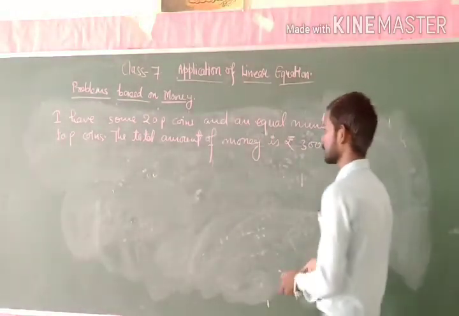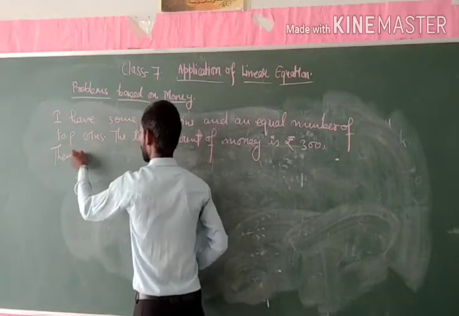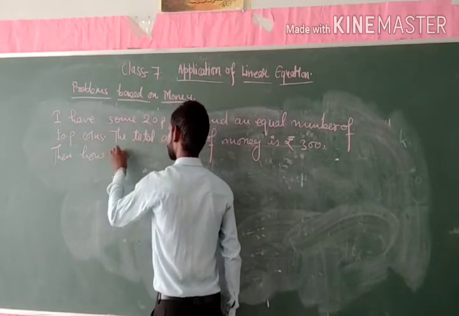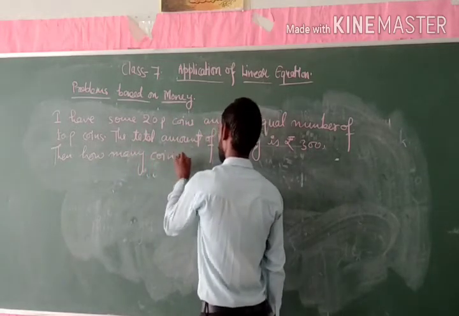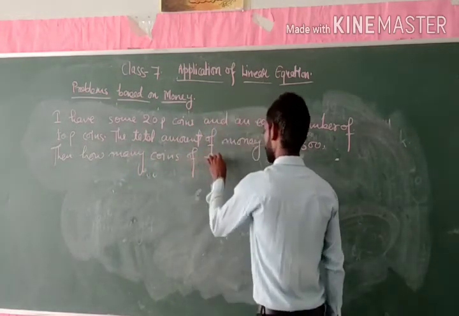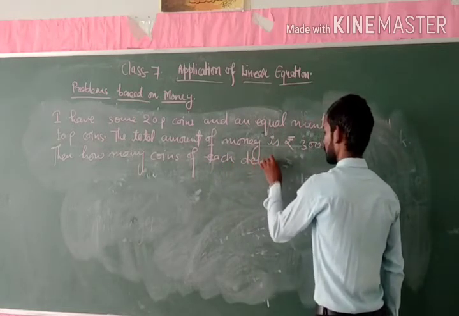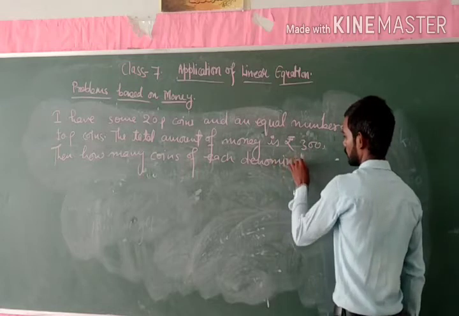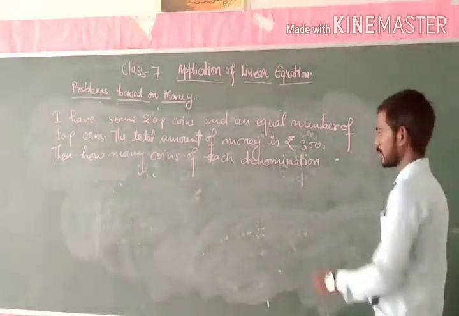How many coins of each denomination are there?